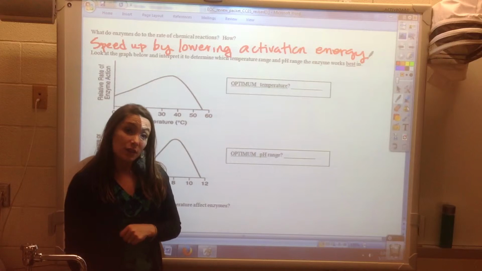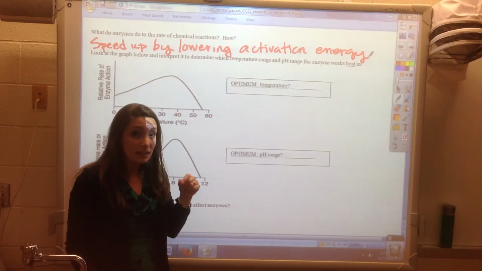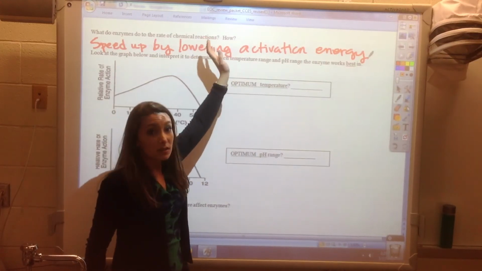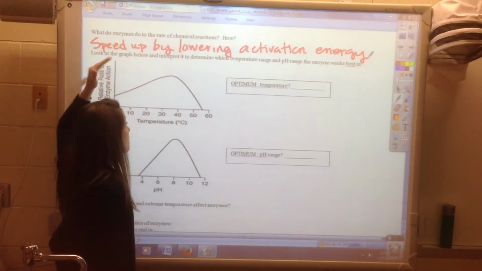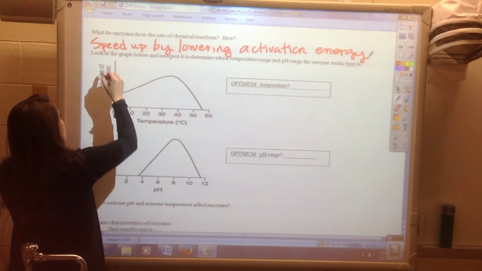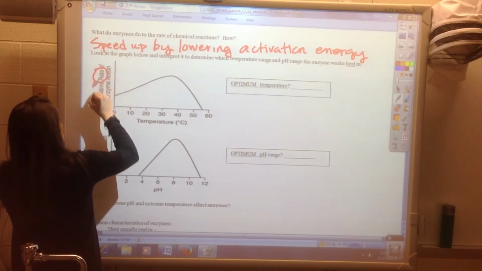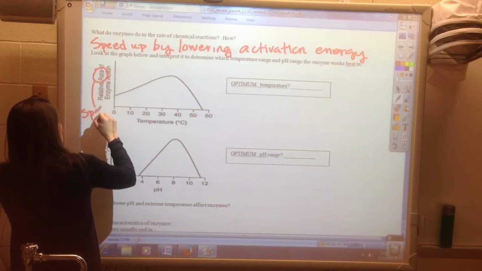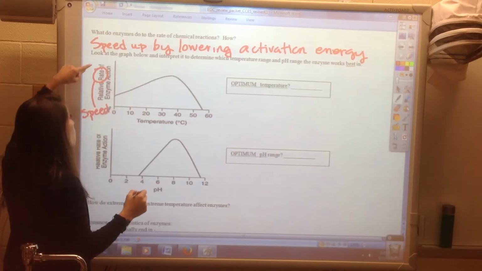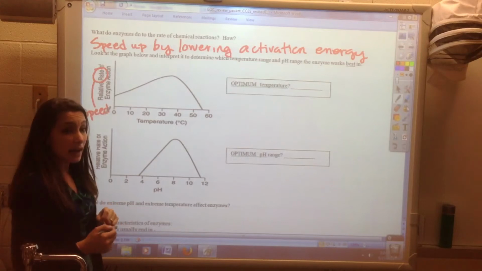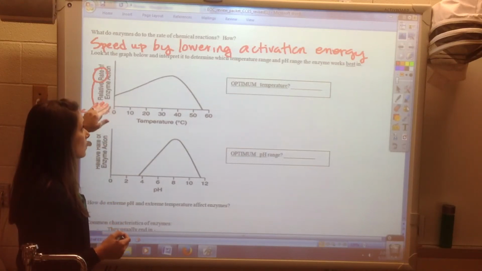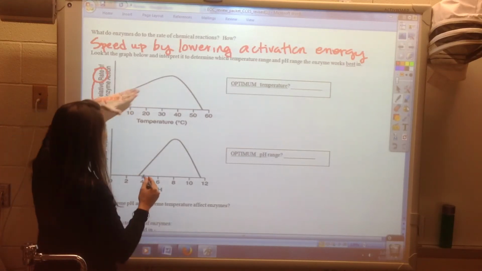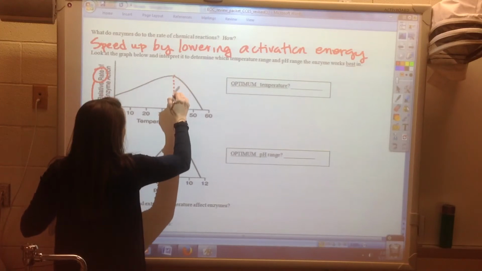And one of the really important jobs of proteins is to be enzymes. Some proteins are enzymes that speed up reactions. If you look here at the word rate, rate means speed. So how quickly is this enzyme happening? This enzyme is taking place best right here.